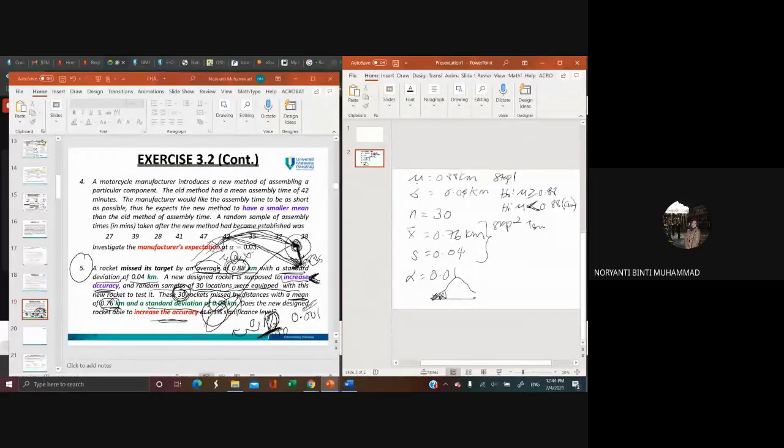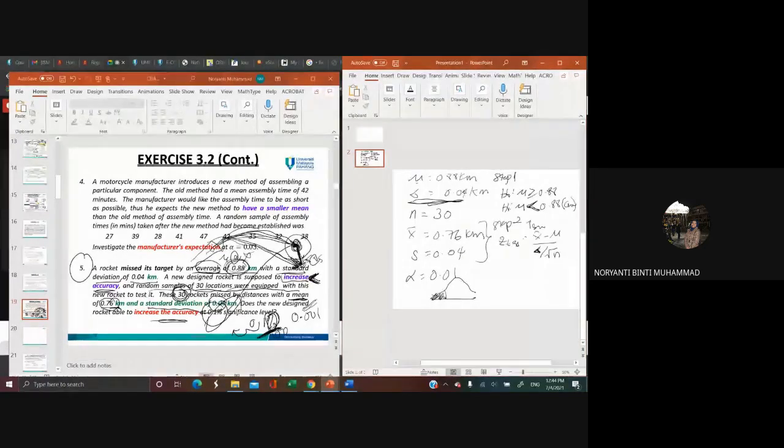Known, because we know this one. So when known, we use z-test. The formula is x bar minus mu over sigma over square root n. We have sigma here. You don't need to memorize the formula.